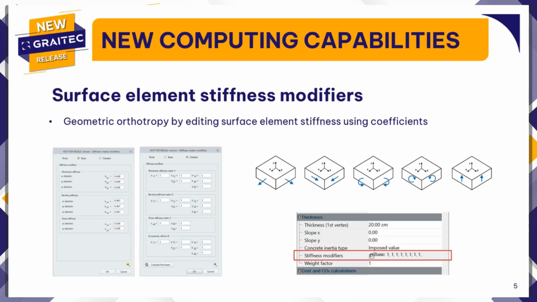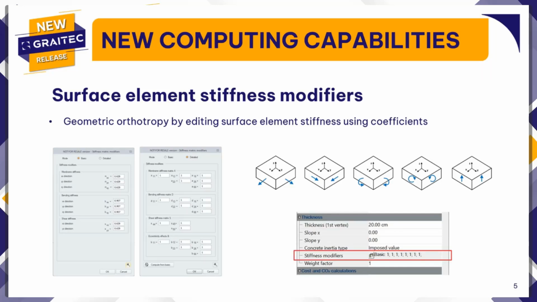The first new feature is the ability to modify stiffnesses of surface elements by using simple factors. By this, we can control orthotropic behavior, as we can adjust independently all stiffnesses of planar elements. For this, there are new options available directly in the properties of the surface elements.